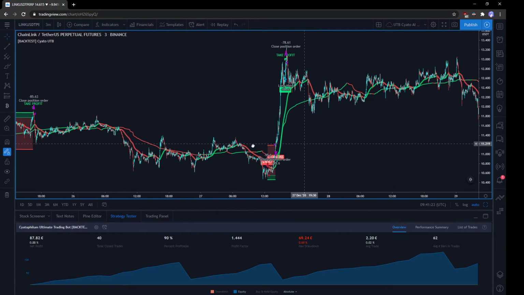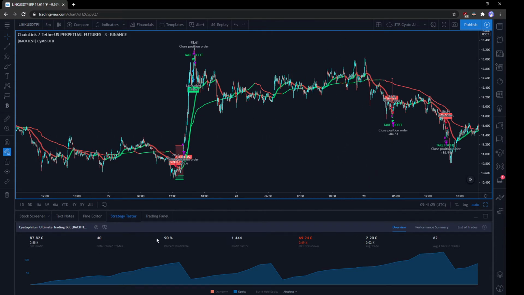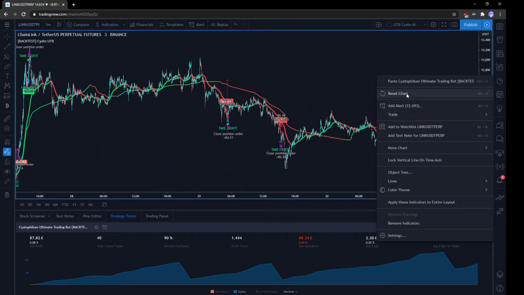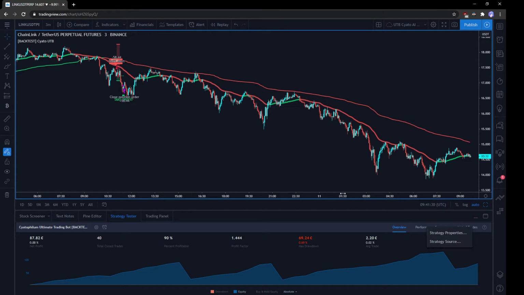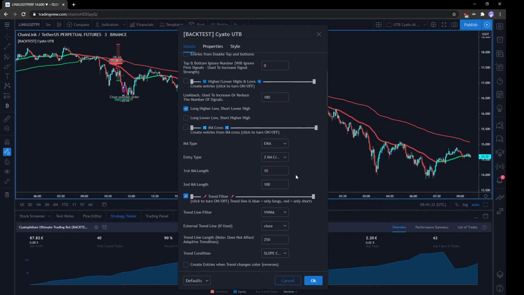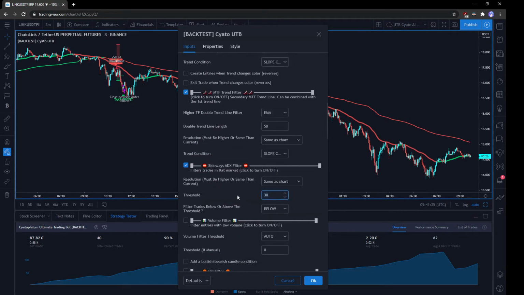Okay, but yes, this is increased a bit, but we do not have enough trades to form a taste, so just going to revert it back.